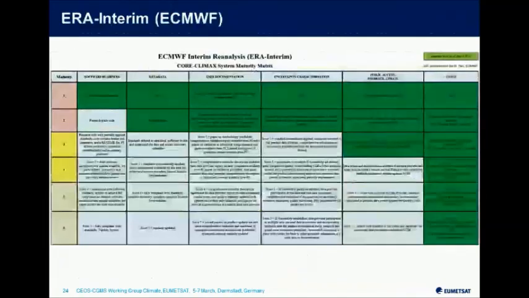Okay, so that is basically a description of the system maturity metrics, and I provided you some examples. So for example, for the practical session, if you are a dataset developer, or if you want to see how good a dataset is during the production, you can actually go through these maturity metrics.